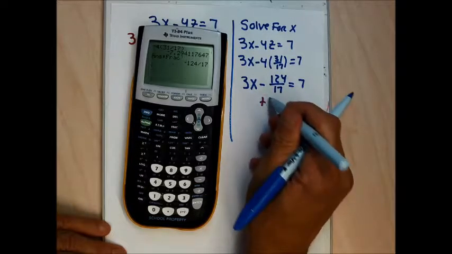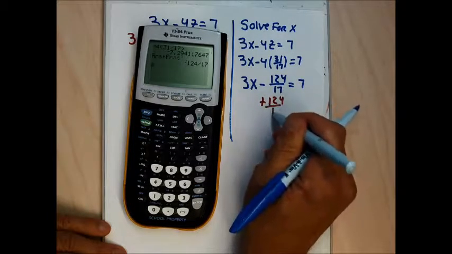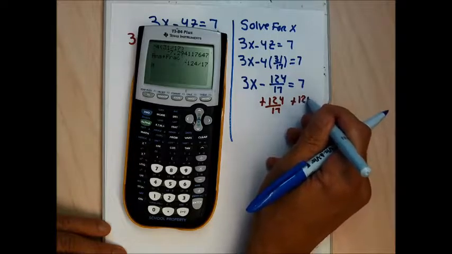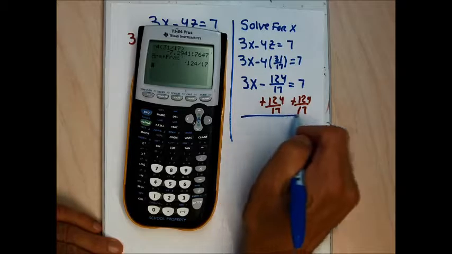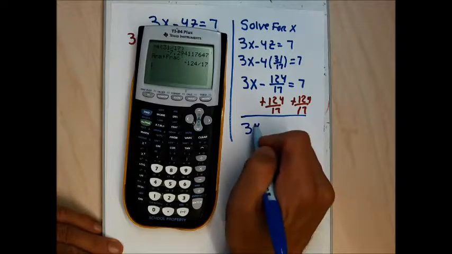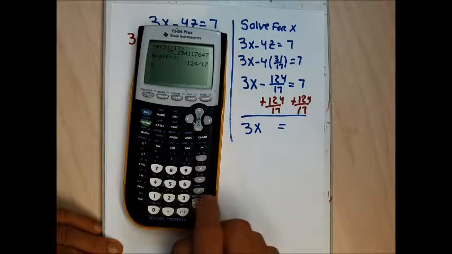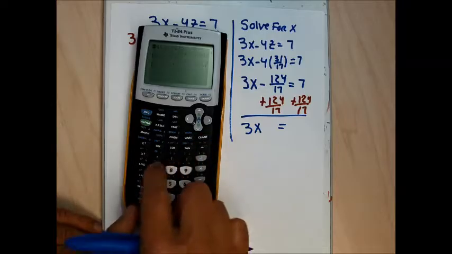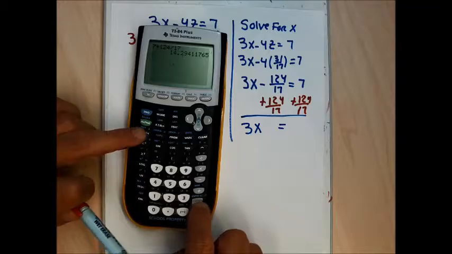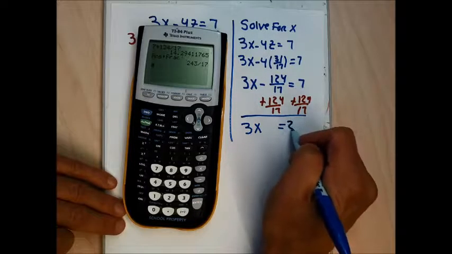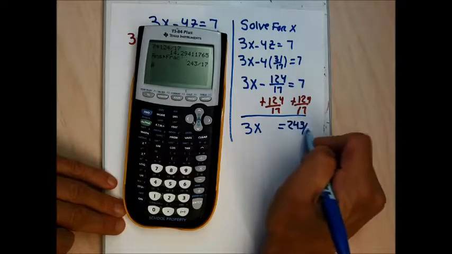Now I'm going to add 124 over 17 to both sides. I certainly don't want to do these fractions by hand. On the left side, fraction cancels. I'm left with the 3x. On the right side, I need to do 7 plus 124 divided by 17. And I get 243 over 17.